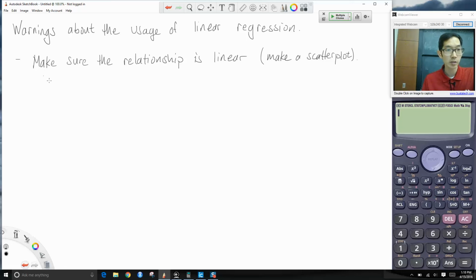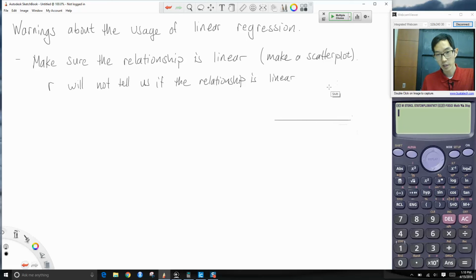Okay, so r squared, if r is anything other than 1 or negative 1, r will not tell us if the relationship is linear. Okay, so if you were to create a plot that looks like this, r is probably still going to be like 0.9, okay?